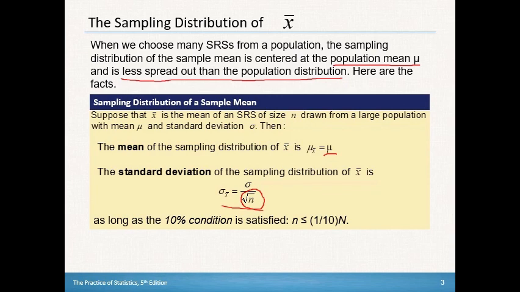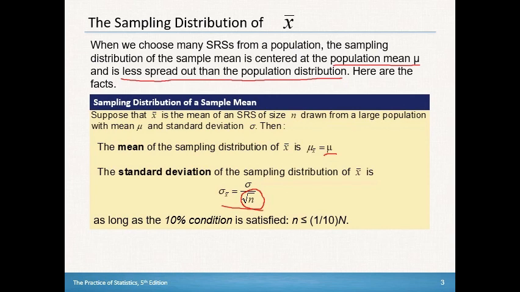But when we sample, we're going to sample more than one. So you can see that the standard deviation of the sampling distribution of X bar, right, which is this, will be the population standard deviation divided by the square root of n. So the standard deviation of the sampling distribution will always be smaller than the population standard deviation.